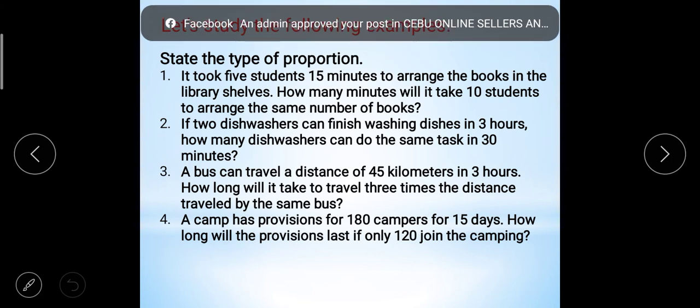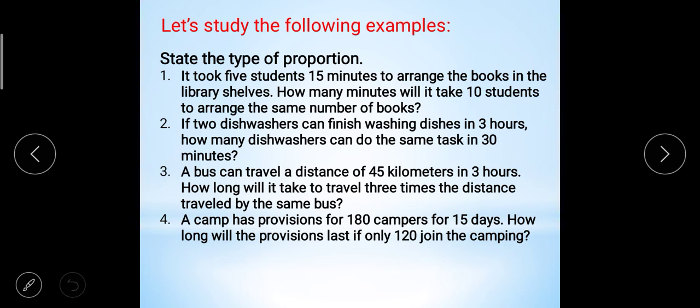Ano po? Direct and inverse. Okay, so bakit po siya naging inverse? Ba't po siya naging inverse?